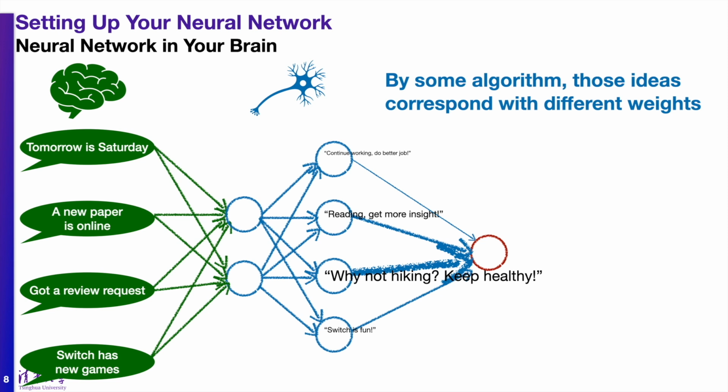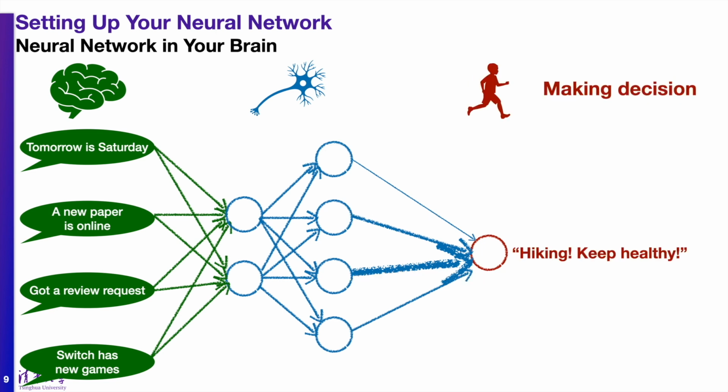When making a decision by some algorithm, we put all those possibilities with different weights to indicate how likely the idea will be accepted as the final decision. After all this, we make the final decision. That is how our brain works in making decisions.